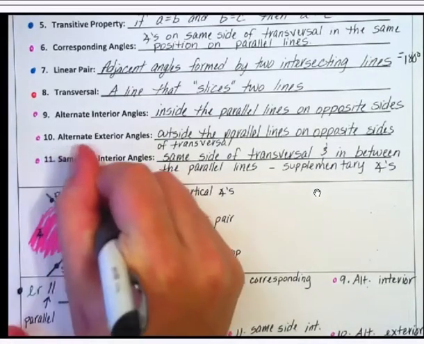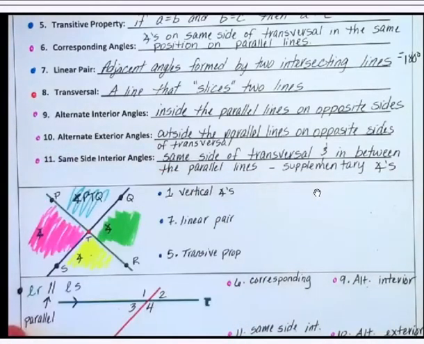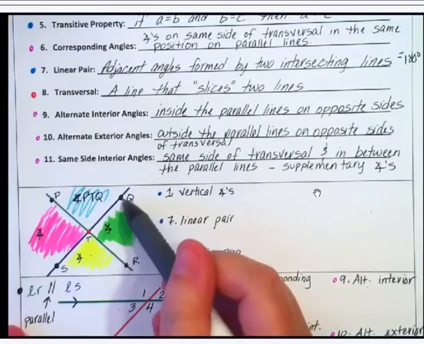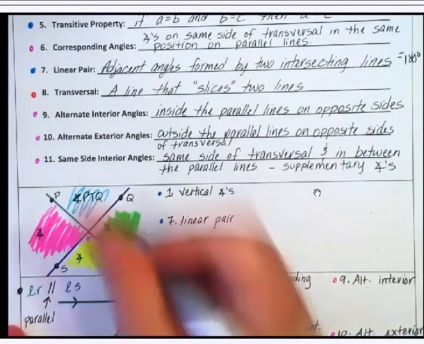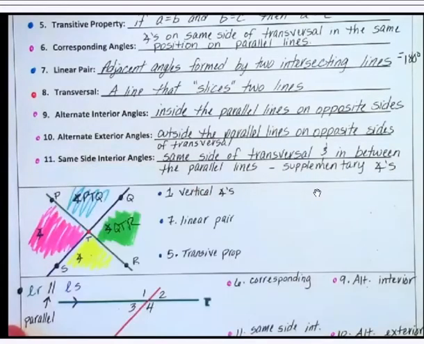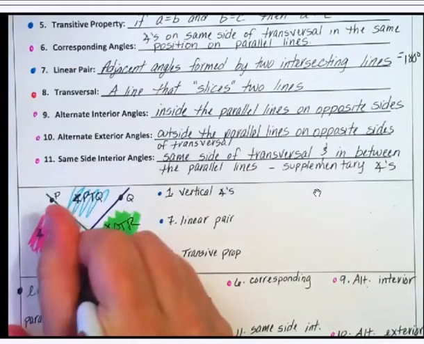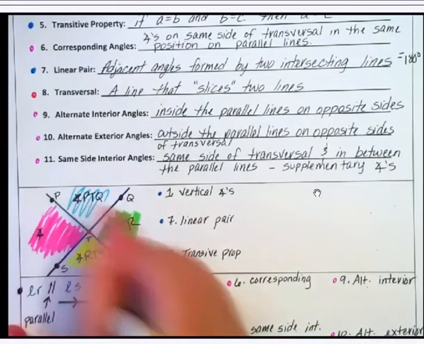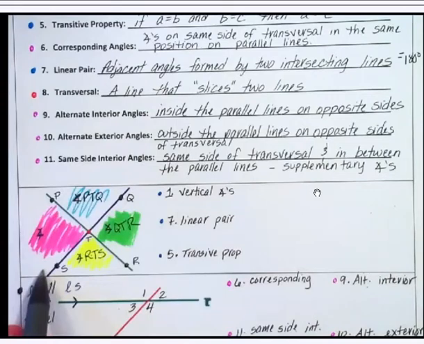The green region will be Q, T, R. The yellow region will be R, T, S, and the pink region will be S, T, P.